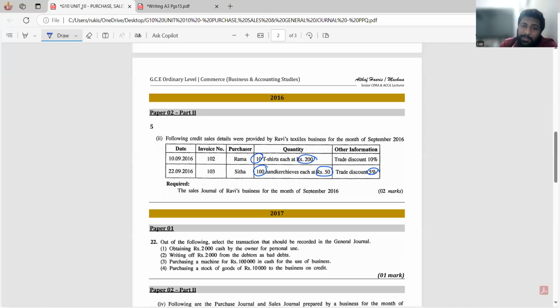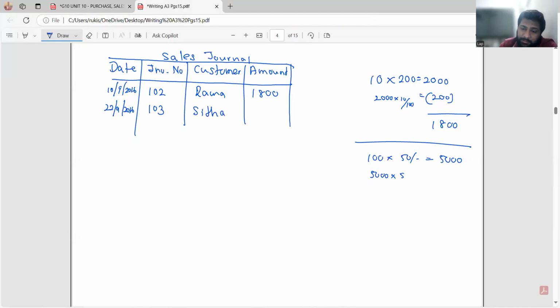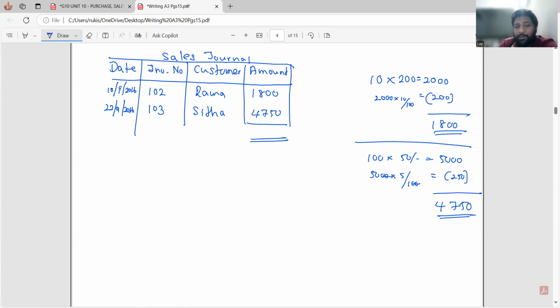Trade discount is 5%. So 5% means 250. Then value after trade discount 4750. So here I can write 4750. Then let's take the total.